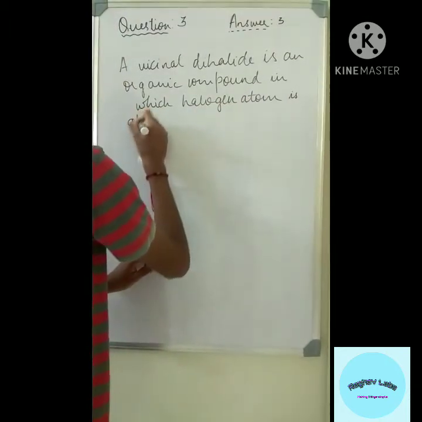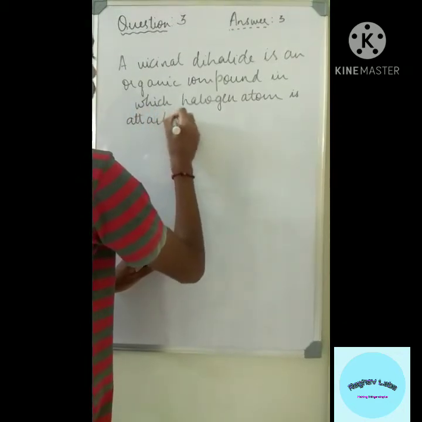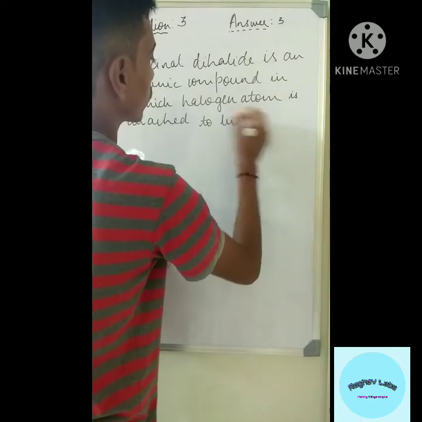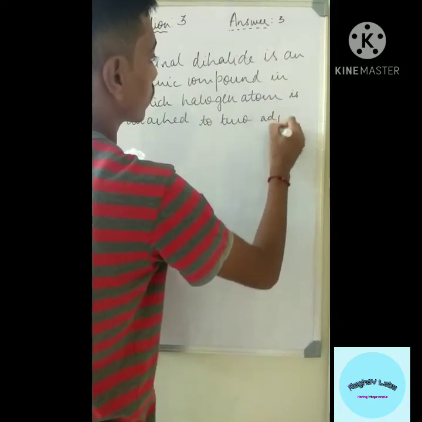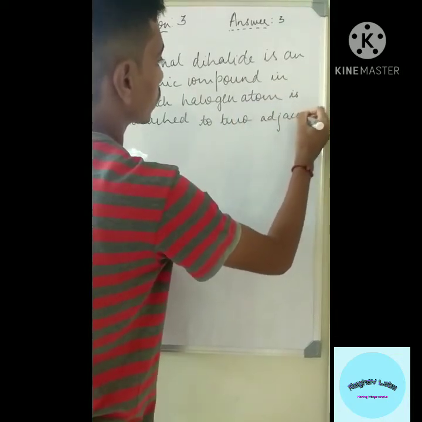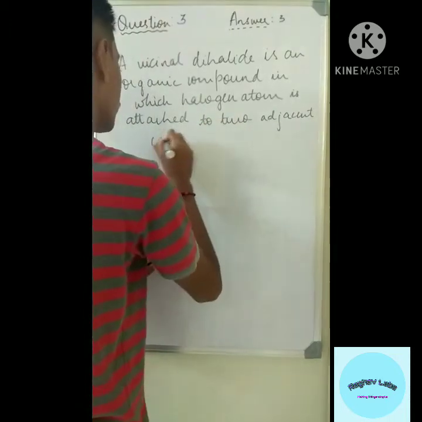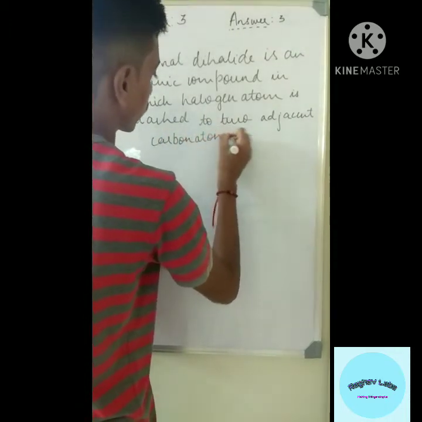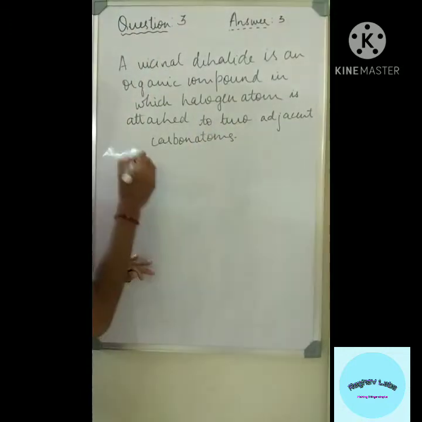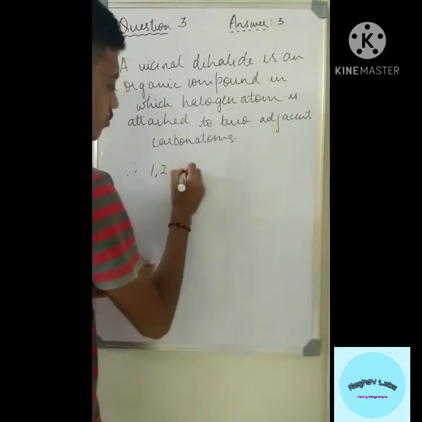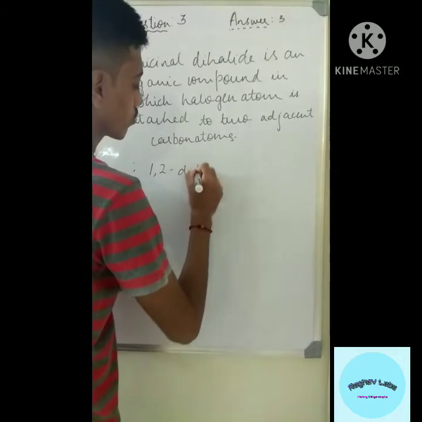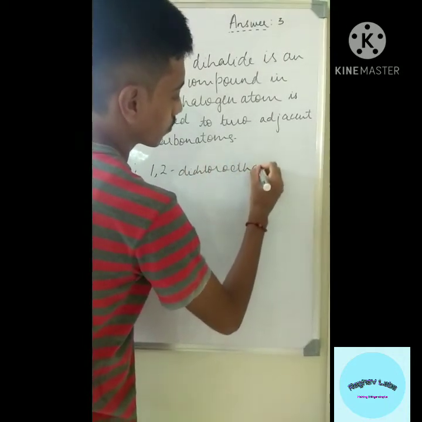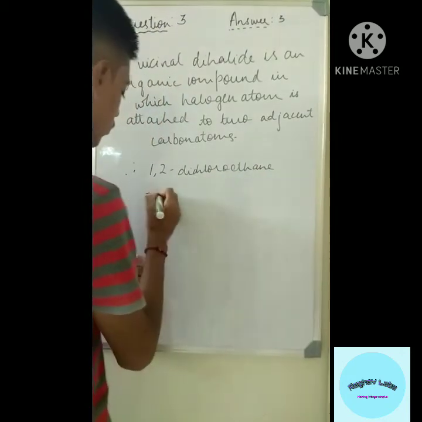are attached to two adjacent carbon atoms, right? So 1,2-dichloroethane is one among the options, right?